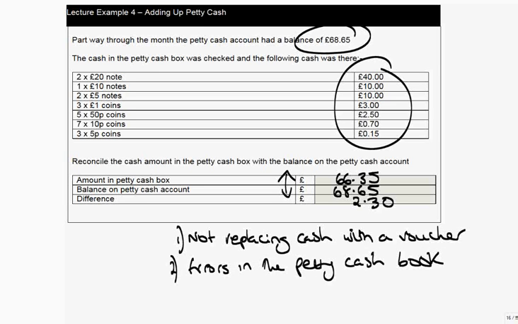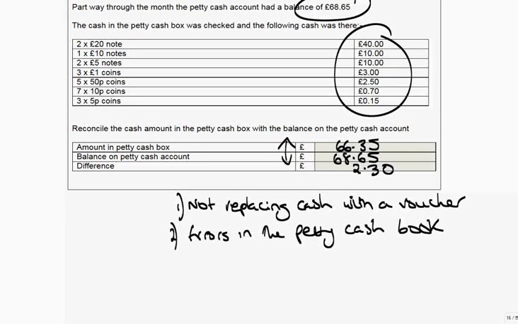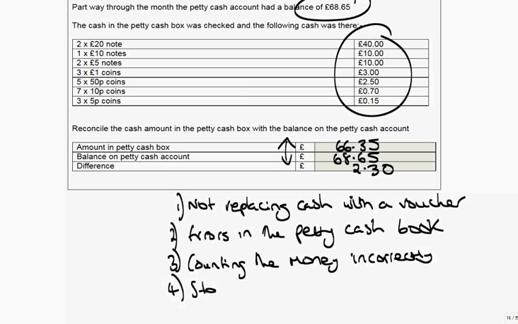So we've maybe written up something incorrectly, or we've maybe added something up incorrectly in the book itself. We could have counted the money incorrectly. Or it could be that someone has perhaps stolen some of that money from the petty cash tin.